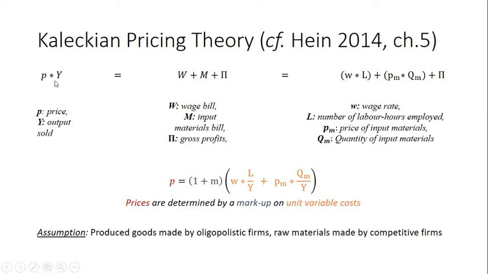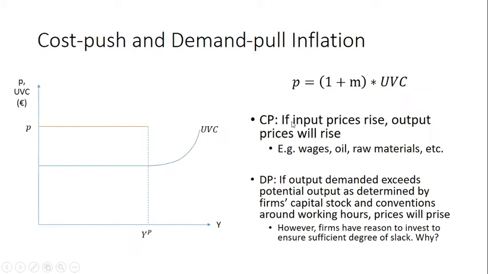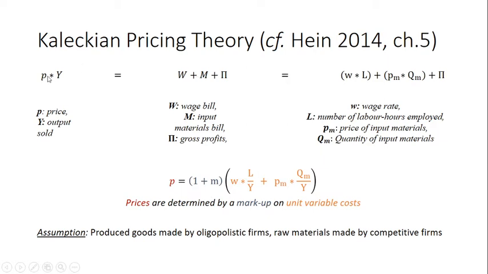Essentially, we're dividing this top equation throughout by Y, just to have an expression for P, and we're then supposing that profits are covered by a markup on the unit labor costs, which is simply the amount you pay labor per unit of output, plus the amount you have to pay for materials per unit of output.